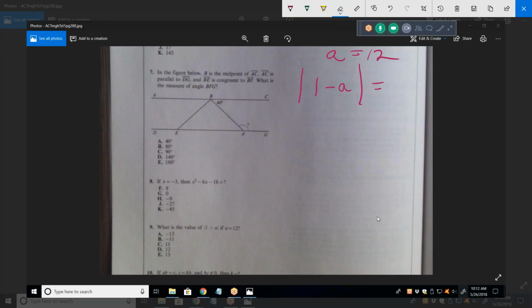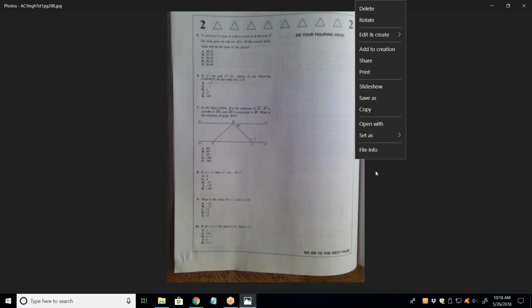Now, let's see if I can go to the next page. Oh, actually, I need to scroll down. No, I can't scroll, so I want to go to question 10. Actually, I can see 10 on there. I just can't blow it up.